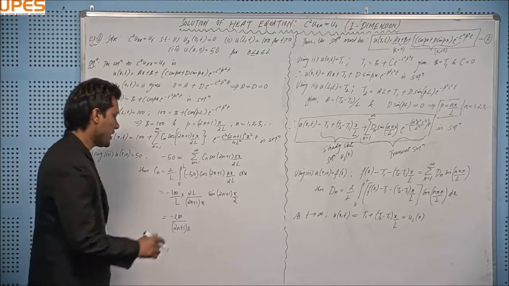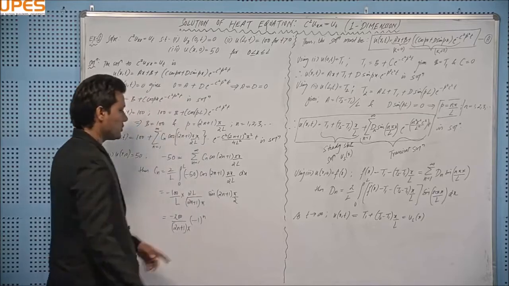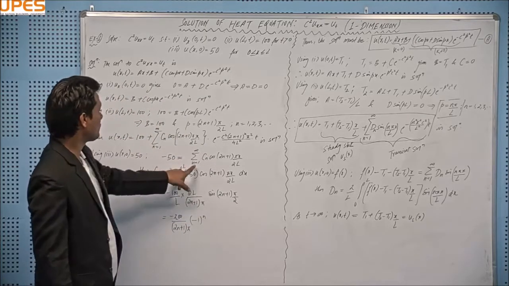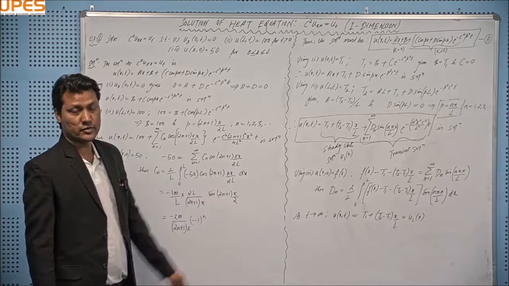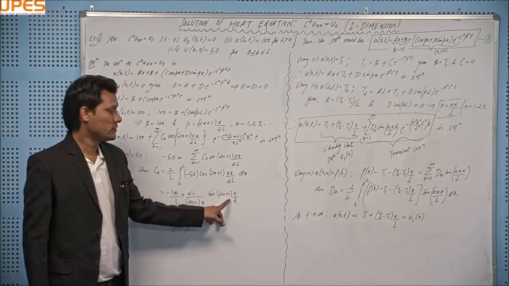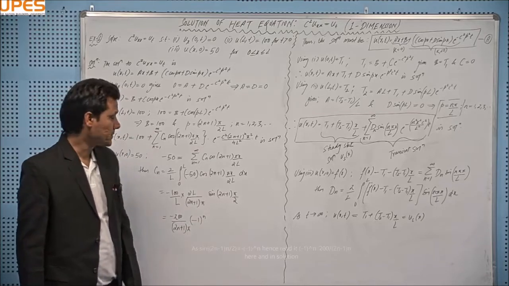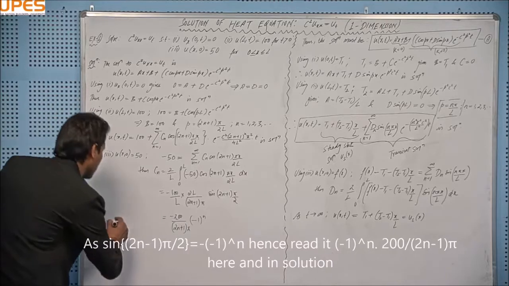For this you can write minus 1 to the power n. If n starts from 1 and I put n equal to 1, this will become sine 3π by 2, which is equal to negative 1. If I put n equal to 2, we get 5π by 2, and that is plus 1. I think this is fine. Then plugging this C in here will be my complete solution.